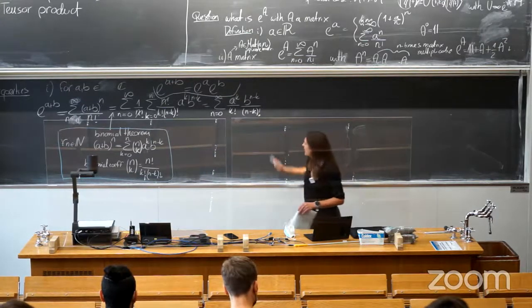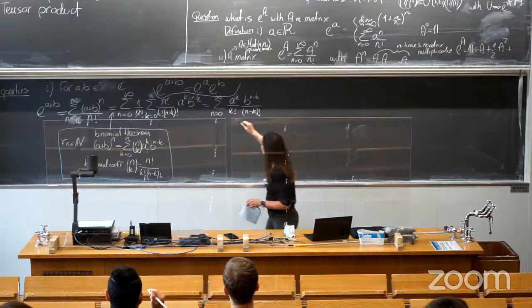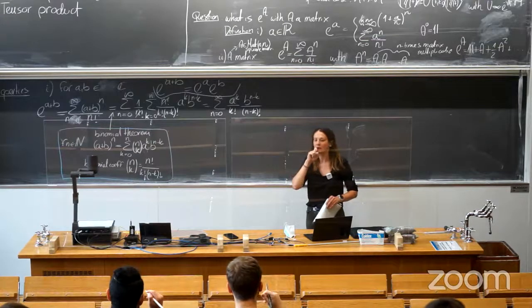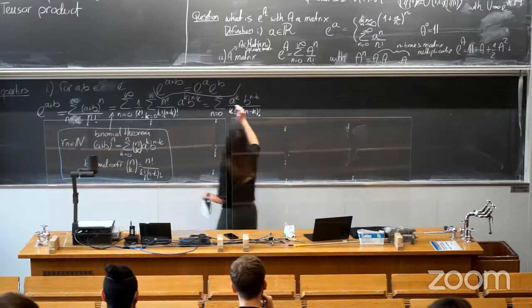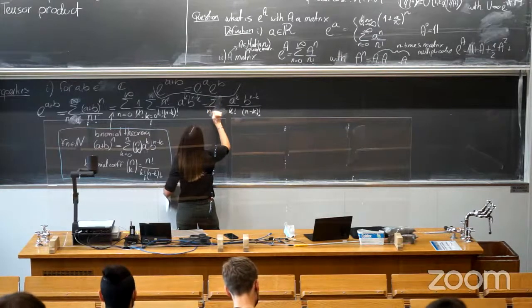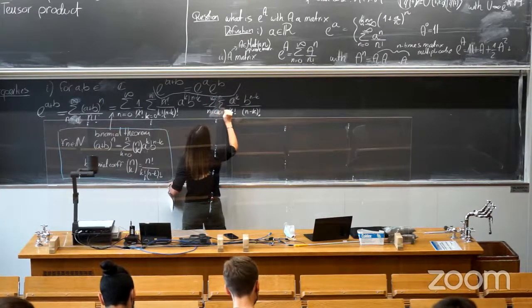So we are still similar. That is absolutely correct, thank you: k equals 0 to n.